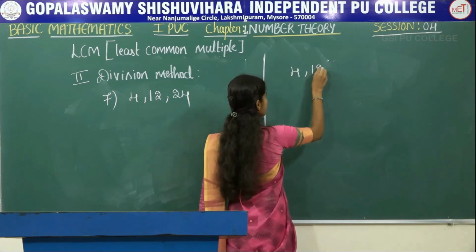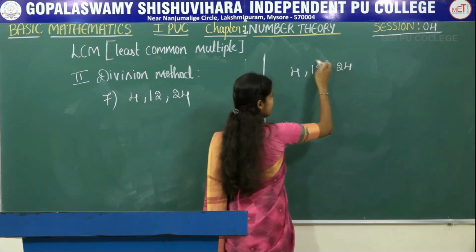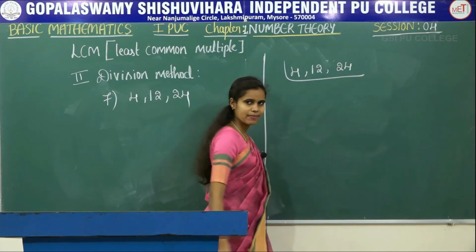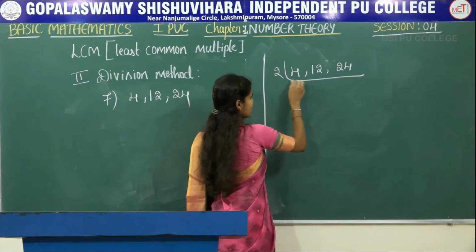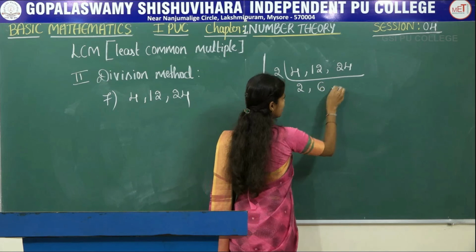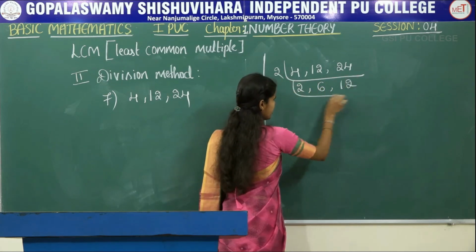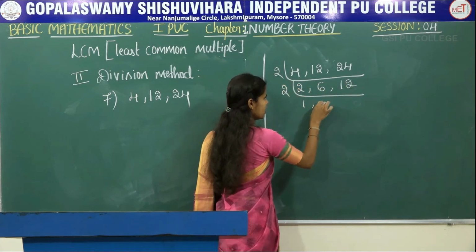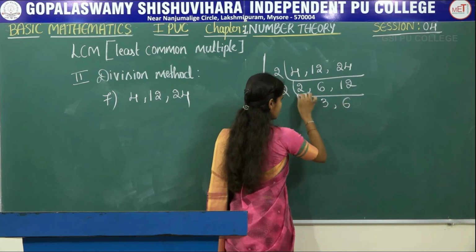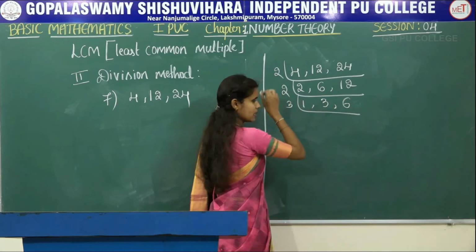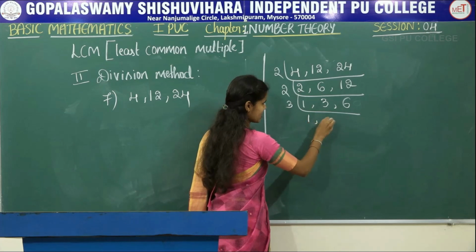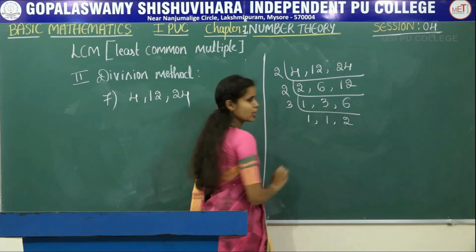So 4, 12, 24 are even numbers, therefore exactly divisible by 2. So 2 2s are 4, 2 6s are 12, 2 12s are 24, again divisible by 2. 2 1s are 2, 2 3s are 6, 2 6s are 12, and 3, 6 is divisible by 3. So write 1 as it is, 3 1s are 3, 3 2s are 6.